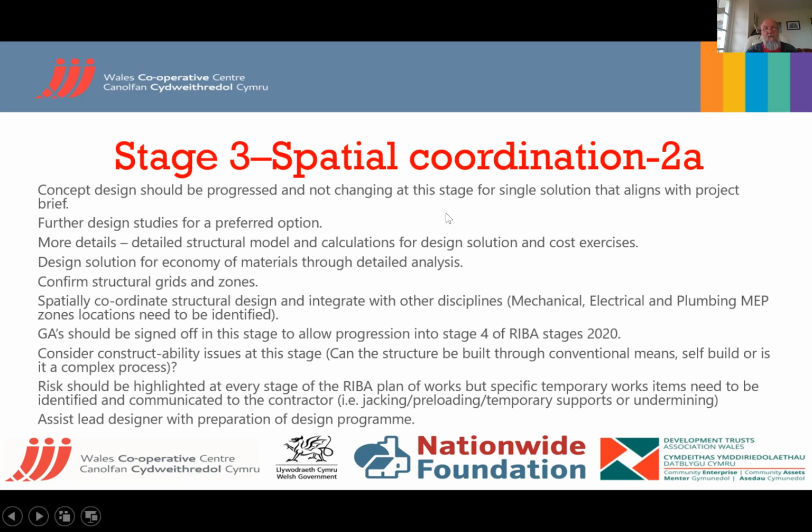And it's where you move into the more detailed structural model to make sure that it stacks up and that you've got the right price for what you're saying. You may have said, oh, it needs a certain size beam, but then you check that and it needs a bigger beam.